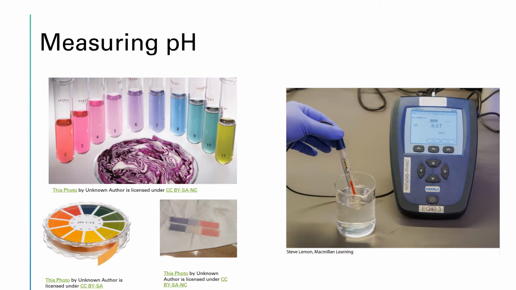To experimentally measure pH, there are a variety of options. We can have things that are called acid-base indicators, which are chemicals that change color depending on what the pH is. Red cabbage juice, believe it or not, makes an incredible pH indicator.